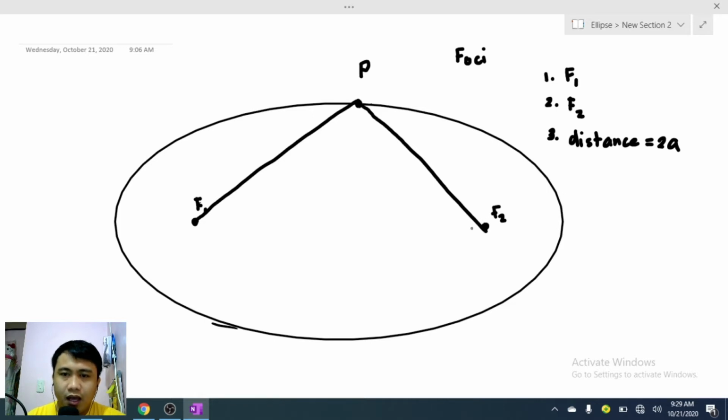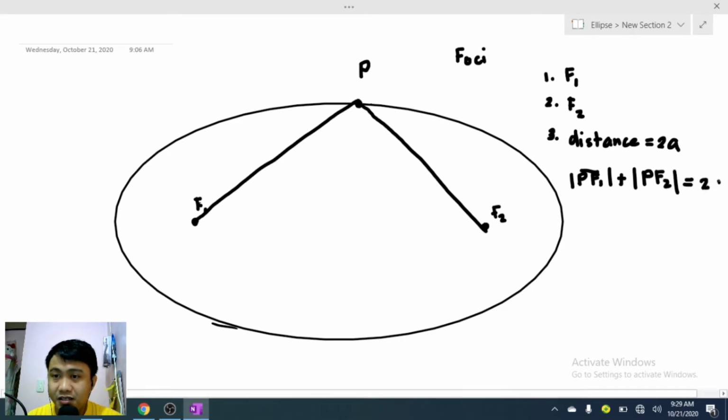Ang distances ng mga line segments na ito, so distance, ito po yung symbol for the distance, parang absolute symbol niya. The distance of the line segment PF1 plus the distance of the line segment PF2 is just equal to our distance, which is 2A.